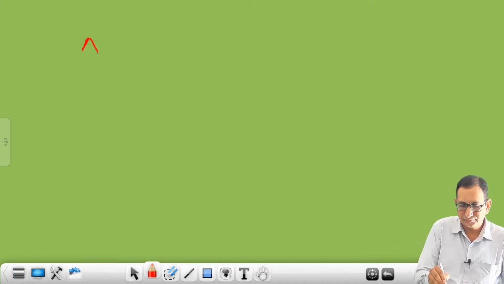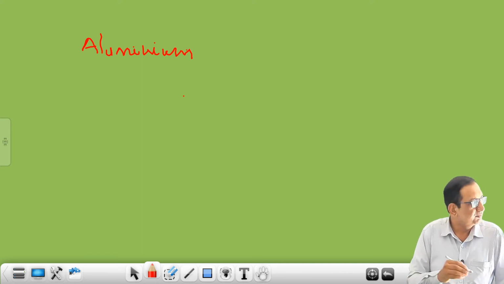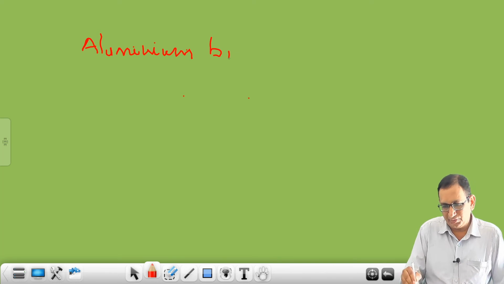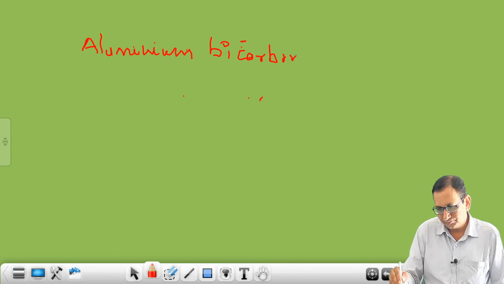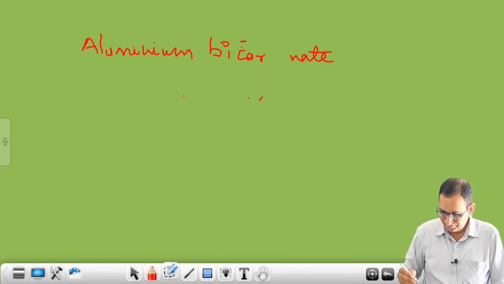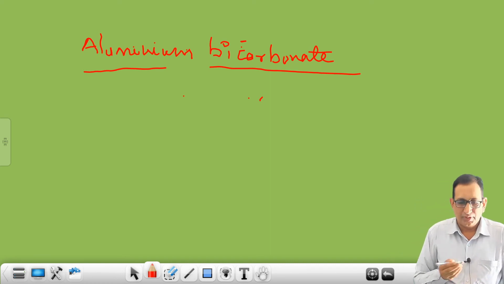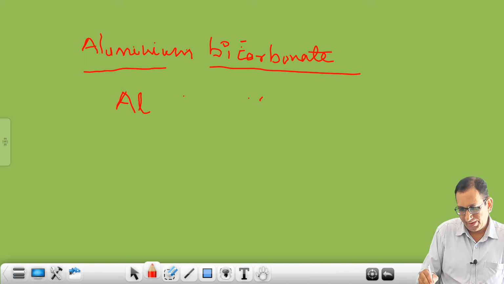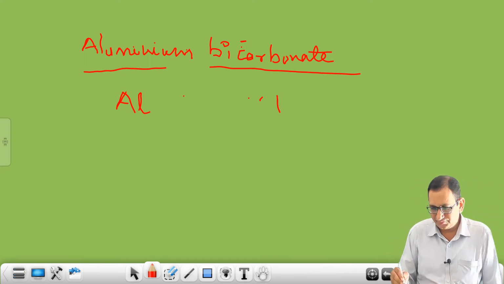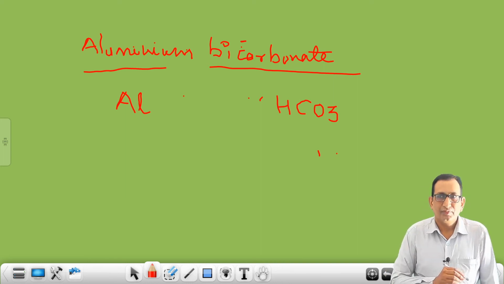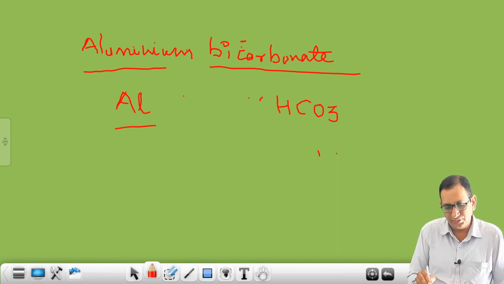Like that, aluminium bicarbonate. Aluminium symbol, students, is Al. Bicarbonate is HCO3. The valency for aluminium is 3.